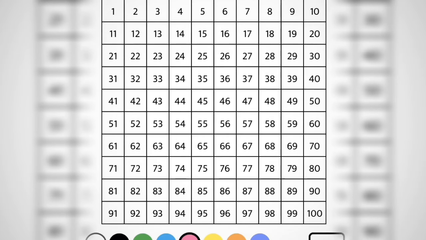A lot of kids originally use this chart to find even and odd numbers, like 2, 4, 6, 8, 10, or to skip count, 5, 10, 15, 20, 25, 30, that kind of thing, right?